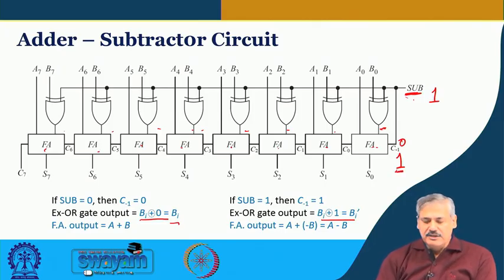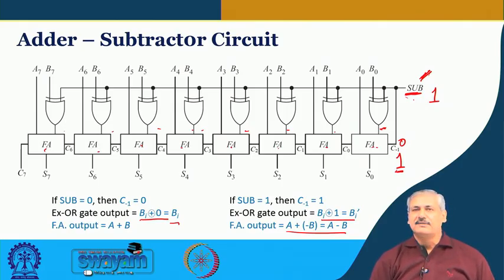Then that 2's complement gets added, the way we have seen before in 2's complement arithmetic. So it will be A plus minus B, that is A minus B. This is a single adder-subtractor unit, which performs both addition and subtraction, depending on what you give as input. If the input here is 0, it is addition; if the input is 1, it is subtraction.